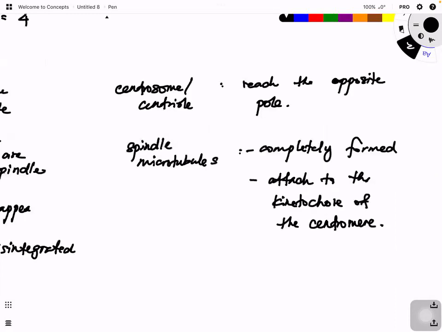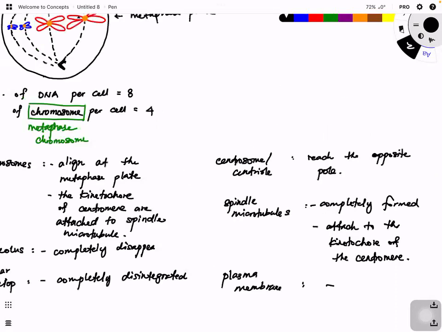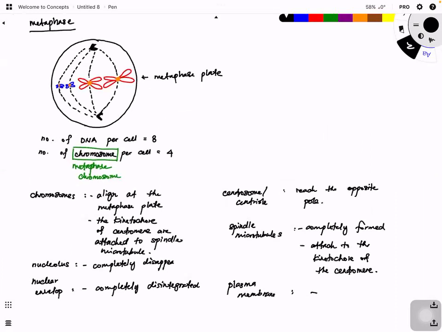How about the plasma membrane? Nothing, no event associated with the plasma membrane. So this is the signature of the metaphase.